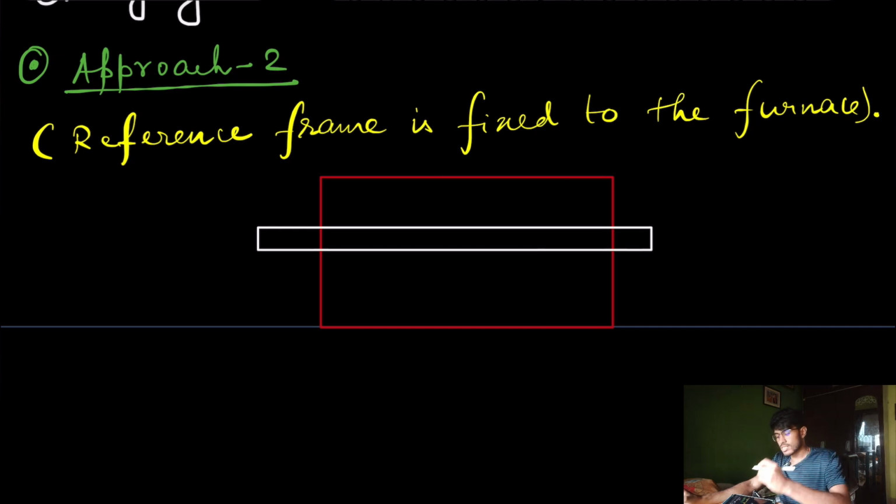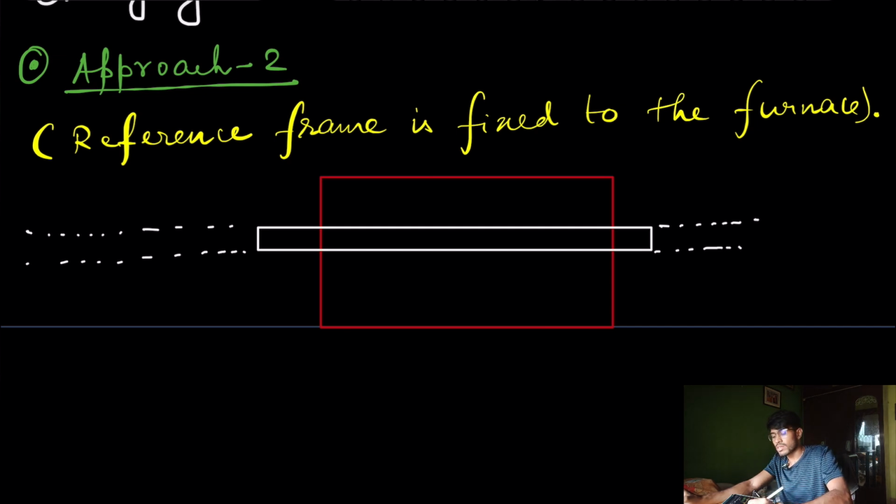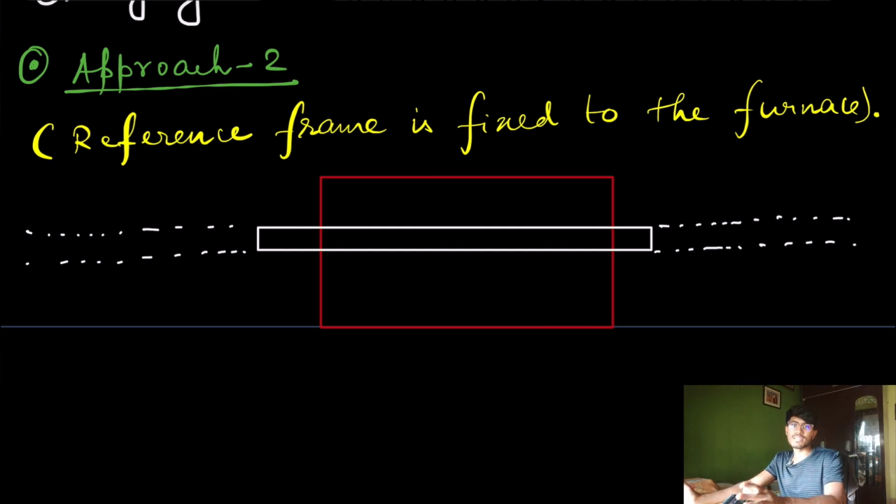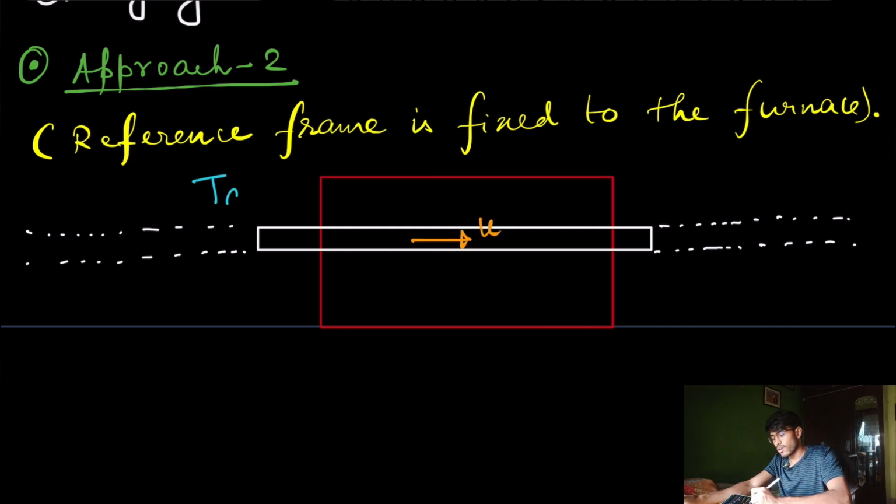The sheet is passing through the furnace like this, and it is an infinite sheet, a very long metal sheet. If you visit any kind of factory, you will see how these things happen. It is passing through the furnace with a velocity of u. The ambient temperature was Ta and the furnace temperature was Tf.